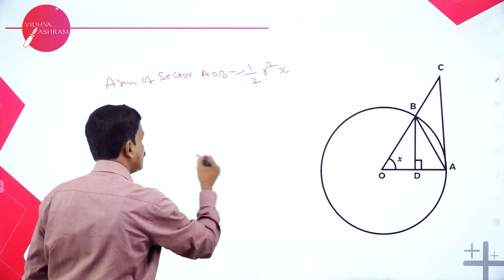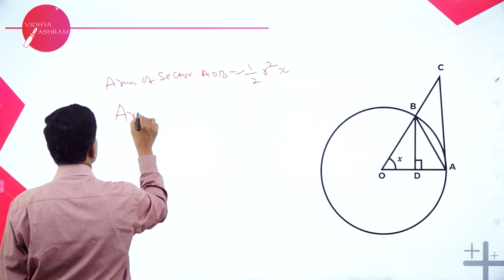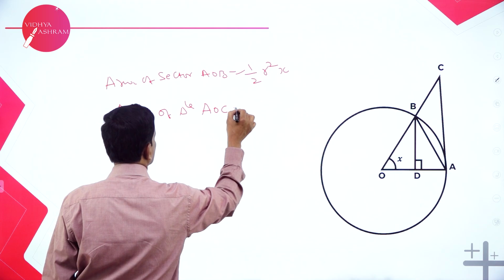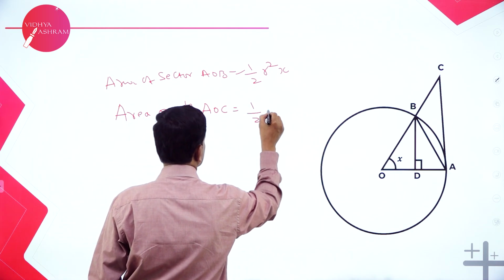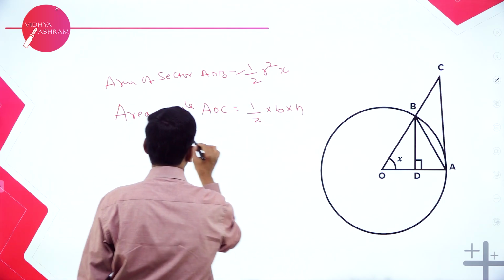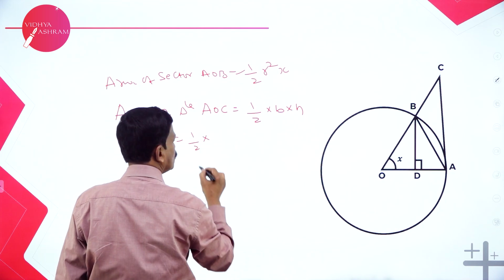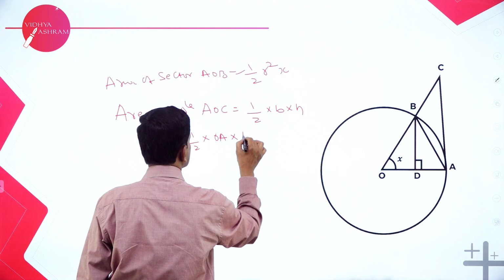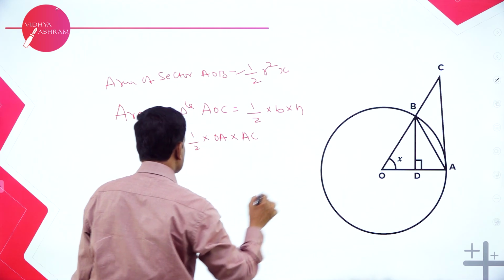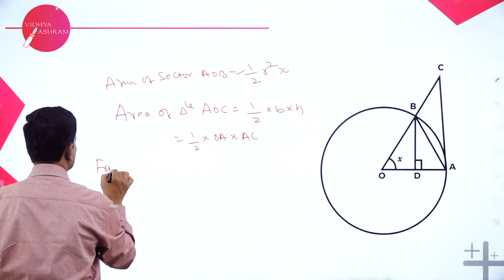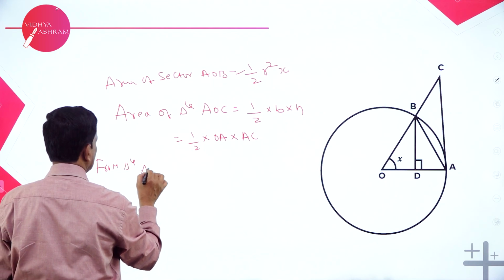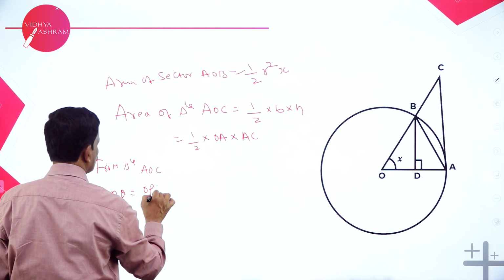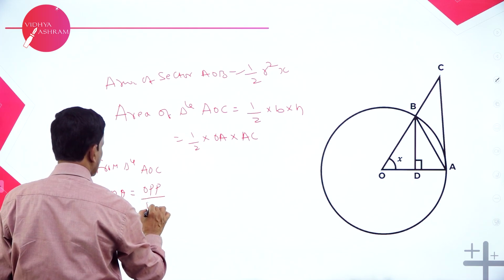Now find out the area of the big triangle AOC. Area of triangle AOC is again half into base into height, where base is OA and height is AC. From triangle AOC, find out tan x, which is opposite by adjacent.